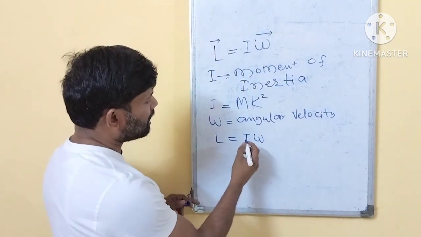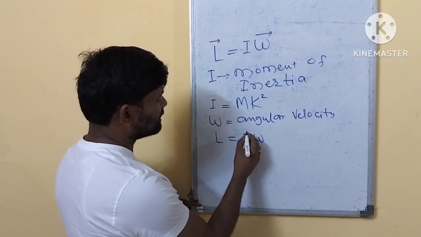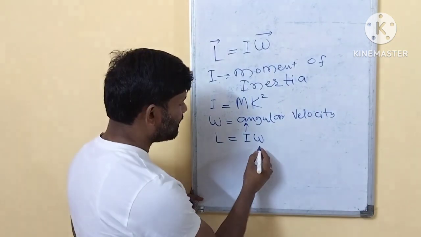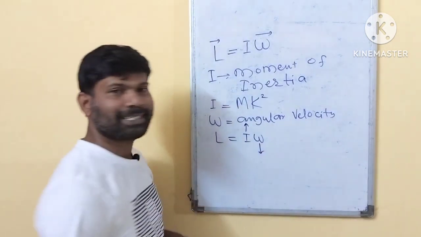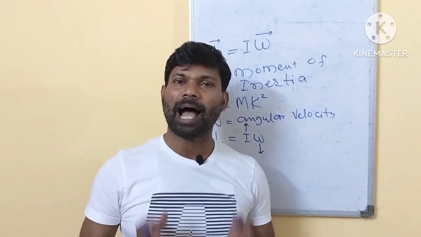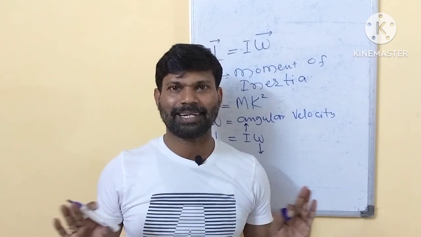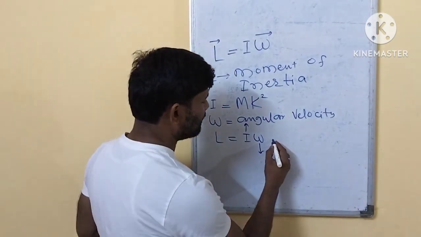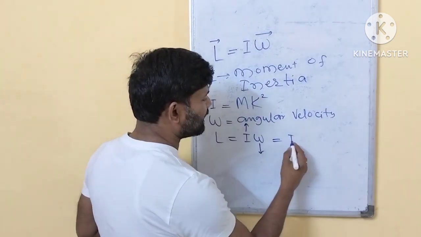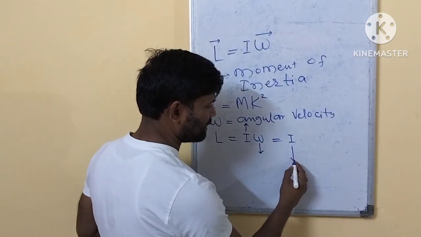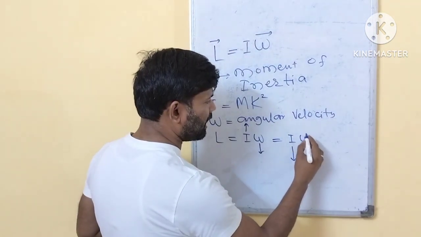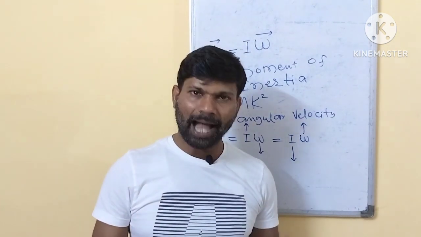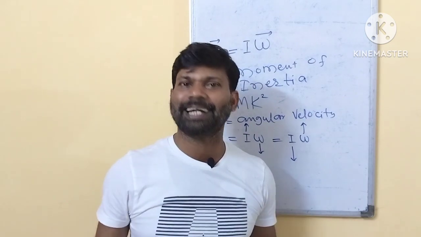Suppose I increases, then omega decreases, such that I into omega is constant. Or if I decreases, then omega increases, such that I into omega is constant.